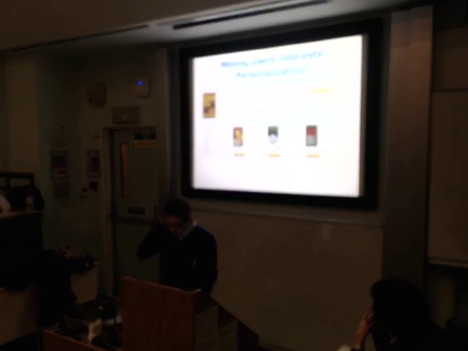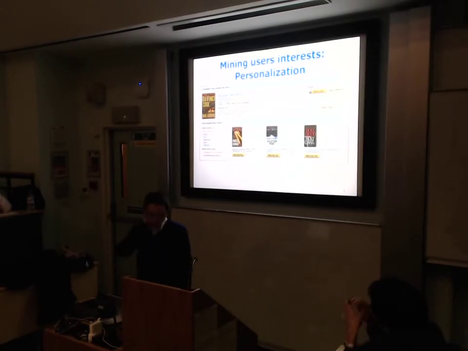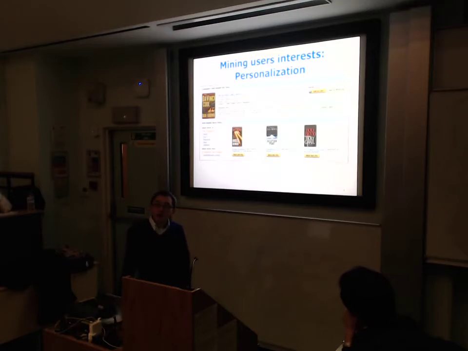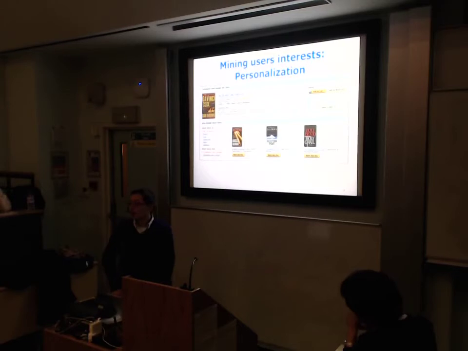Okay, so let's have a brief discussion. This is a concrete example from Amazon. I believe you definitely have experience buying books on Amazon or other online websites. This is what Amazon provides.